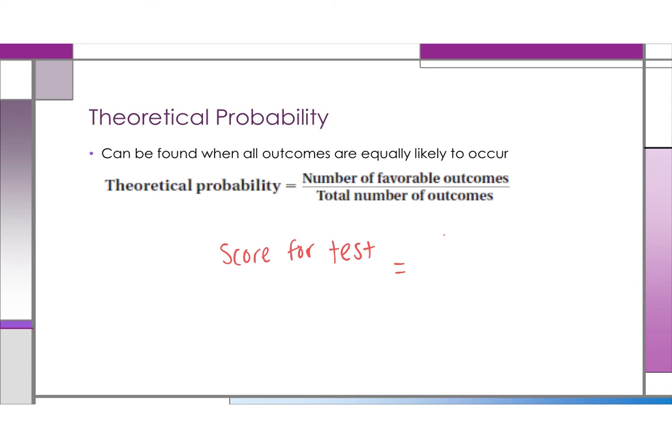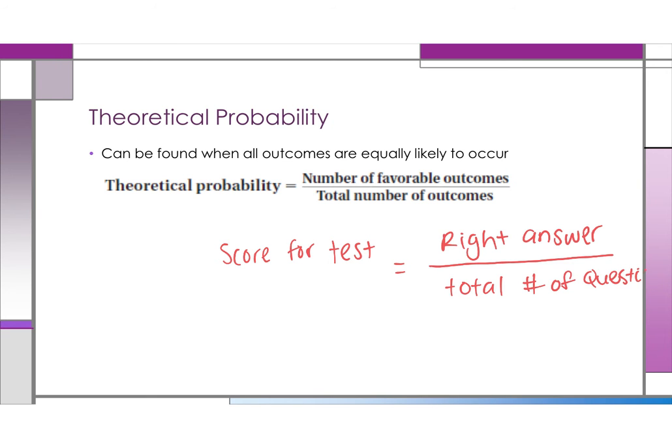You get questions right, correct? So if you picked a right answer, then you divide the number of right answers by what? The total number of questions, right? And that'll give you your score on the test, okay? It's the same thing for probability. So it's the number of favorable outcomes, what you would like to happen, divided by the total number of outcomes.